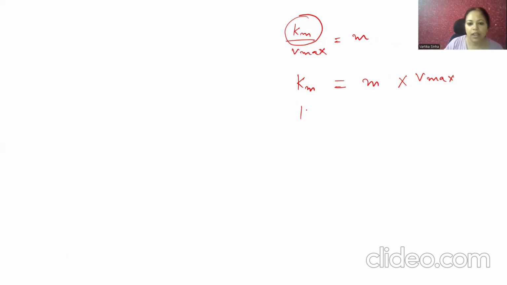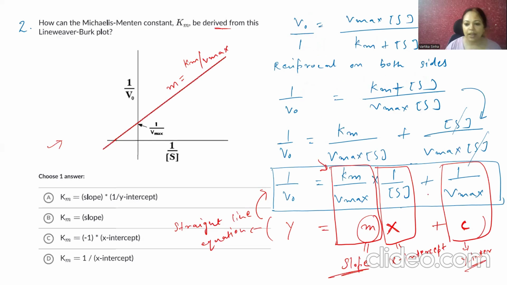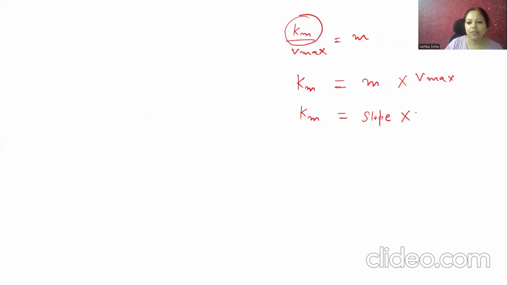Now again, Km can be written with m equal to the slope, right? And what is Vmax? If you look here, 1 upon Vmax was the y-intercept, so Vmax will be equal to 1 upon the y-intercept. Why am I making these changes?